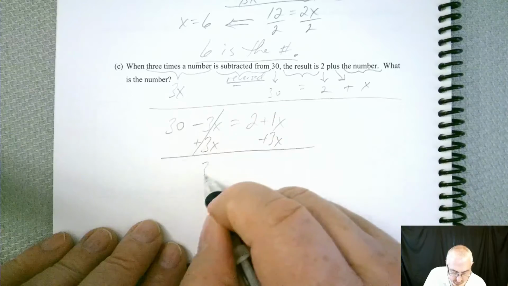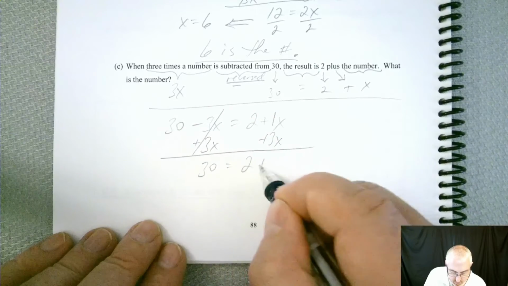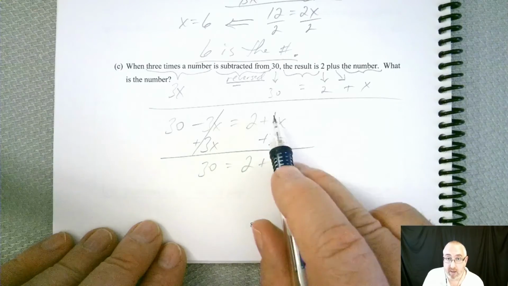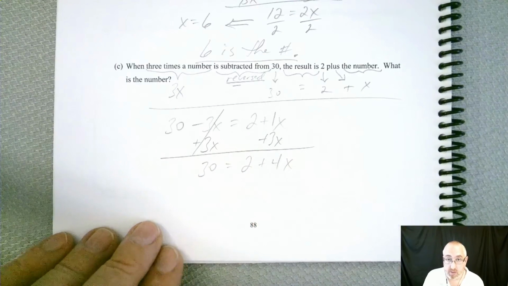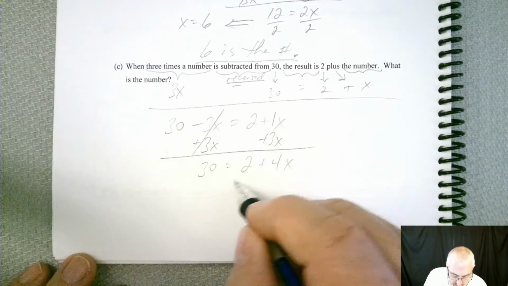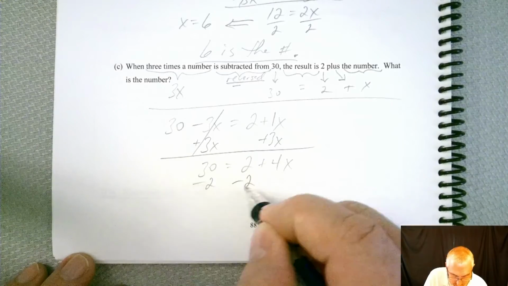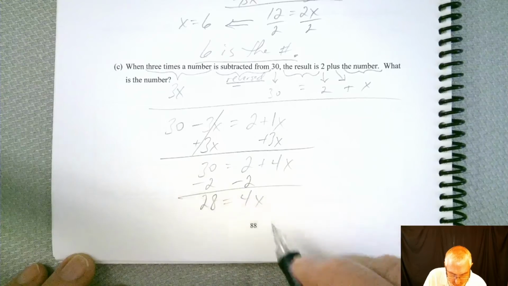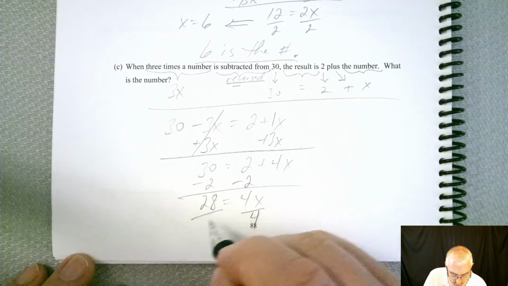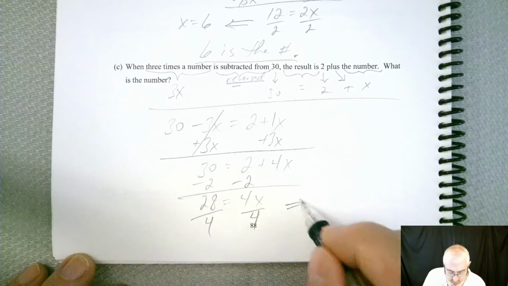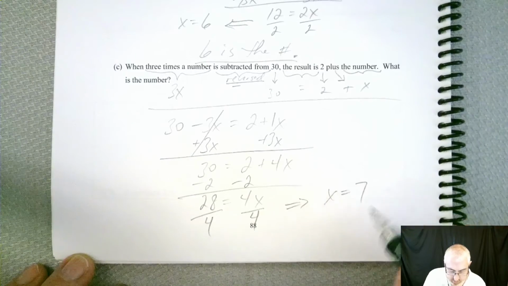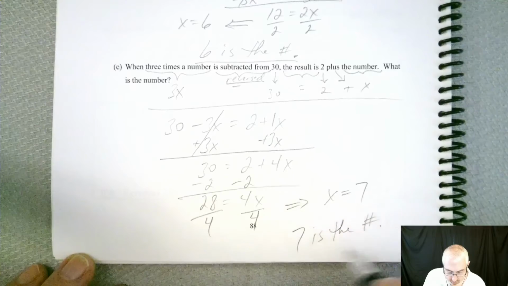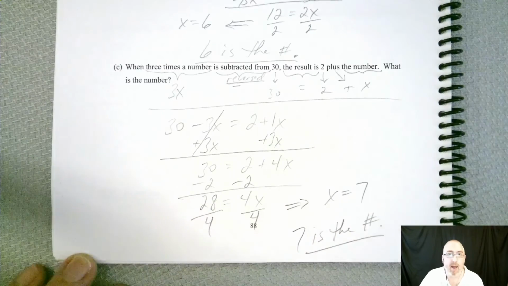So that wipes those out. So we got 2 plus 4x, because we had to add the 1 and the 3. And so now we're on the home stretch. Let's subtract the 2. And then let's divide by the 4. And so x equals 7. So 7 is the number. Yay!